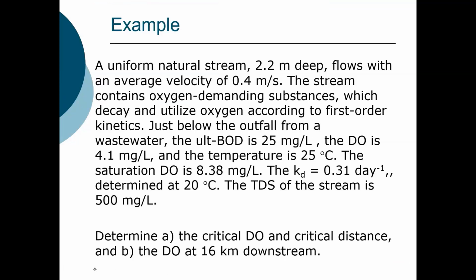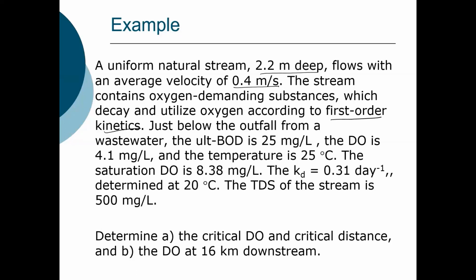So let's look at this problem here, where we have a uniform natural stream. Given the depth of the stream, you're told the velocity of the stream. You're told that the stream contains oxygen-demanding substances, so it has BOD, and they decay and utilize oxygen according to first-order kinetics.